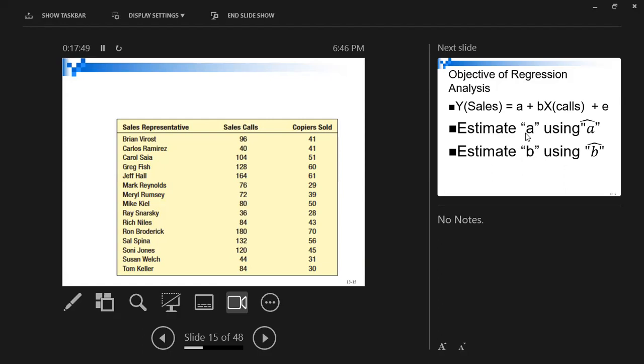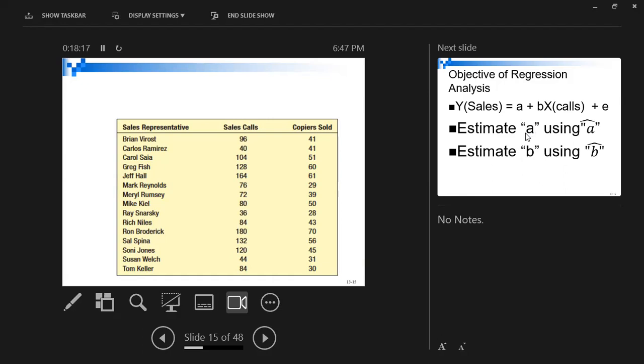So we have different hypotheses of the slope.